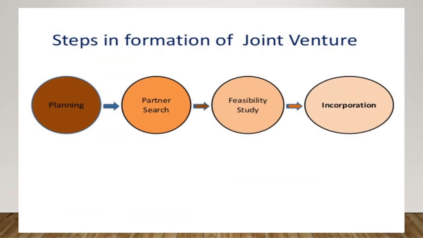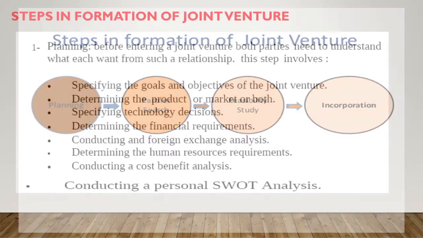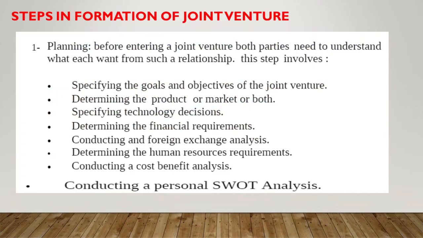So before this video, that is the third video, I explained the process of joint venture, the steps of formation of a joint venture: planning of joint venture, partner search and feasibility study. In the planning, first we have to identify the objectives of joint venture.